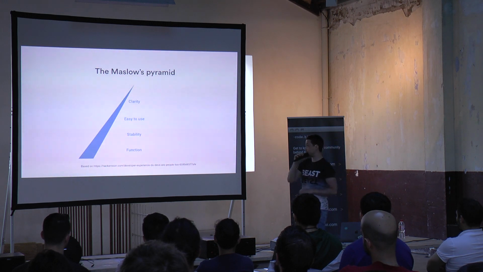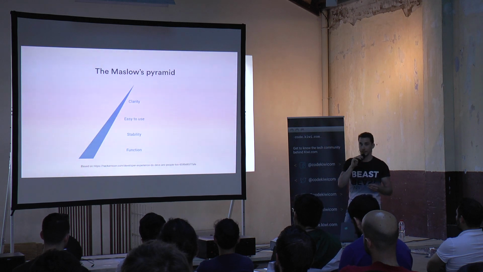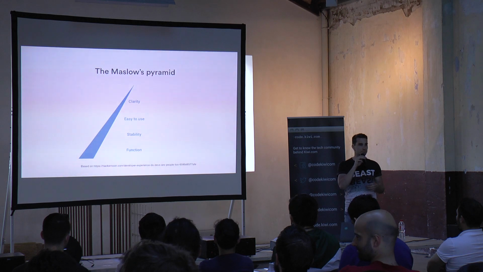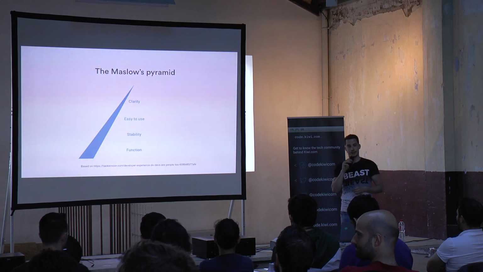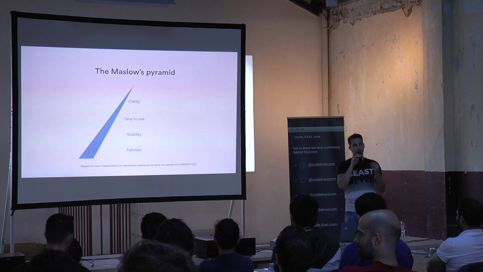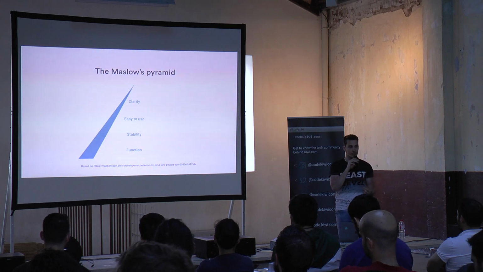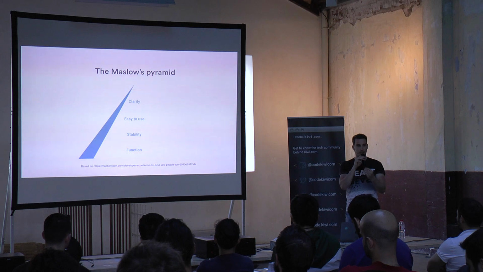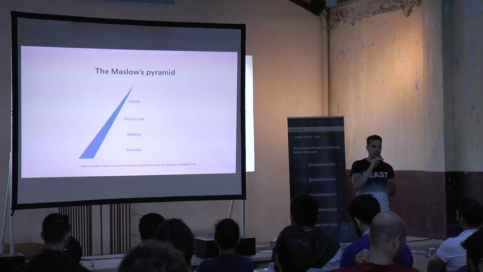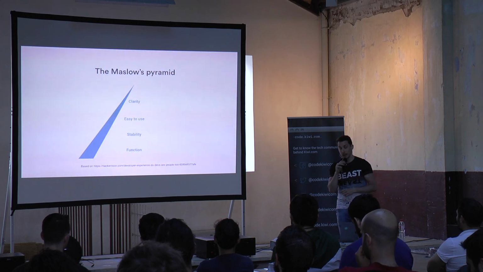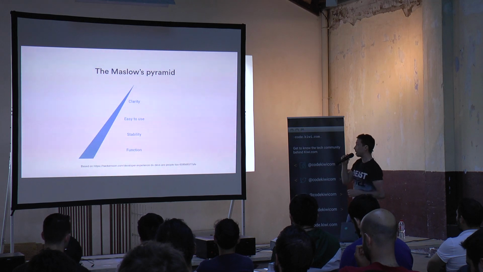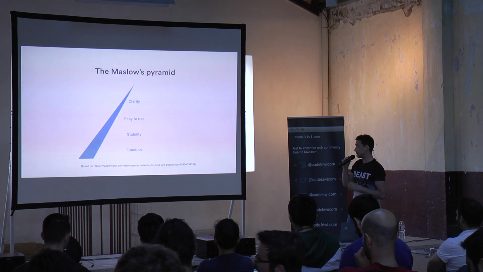You actually don't see it, but it's a pyramid. Function means the expected behavior, components, features, and other utilities. Stability means that it's going to work, it's going to be performant. Easy to use means that you have proper documentation and API consistency, and me personally, I take clarity as the same thing as easy to use.